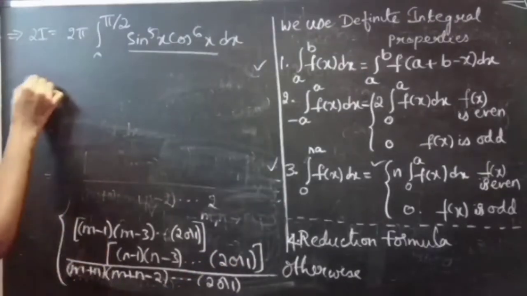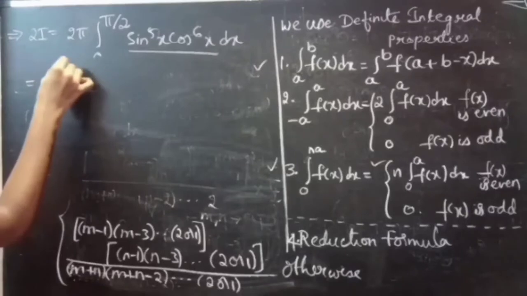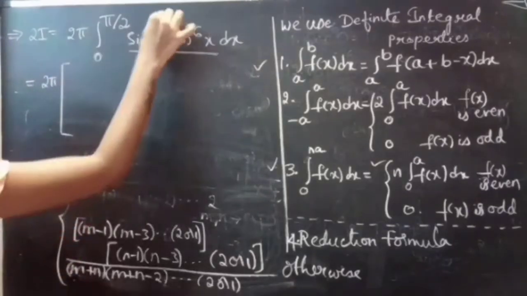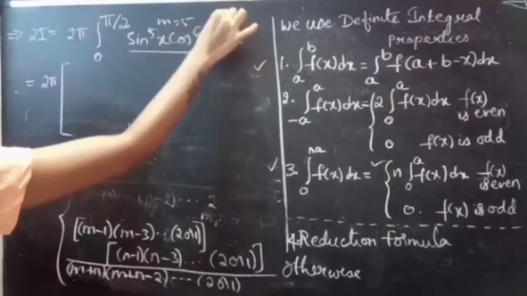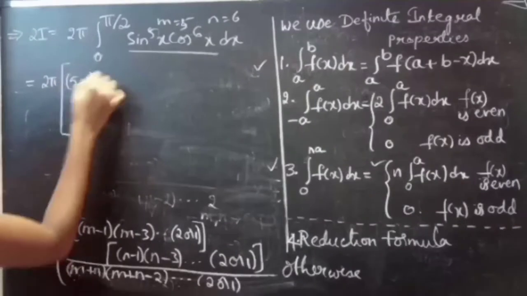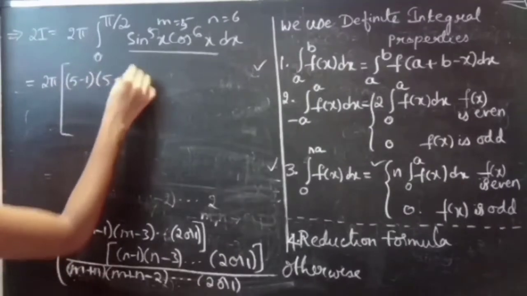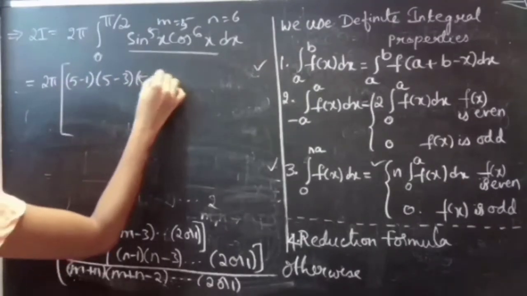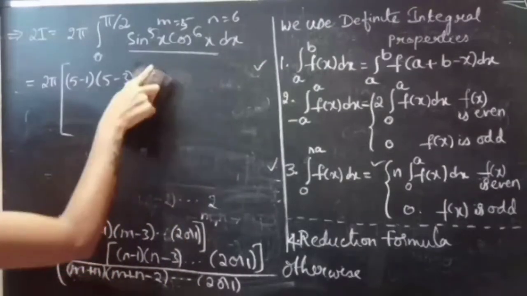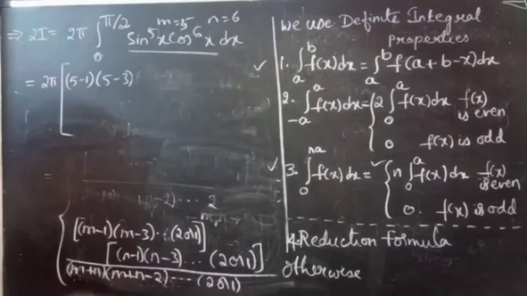So this equals 2 pi into, with m equals 5 and n equals 6, 5 minus 1 into 5 minus 3. The next term will be 5 minus 5, which equals 0, so we will neglect the next terms.